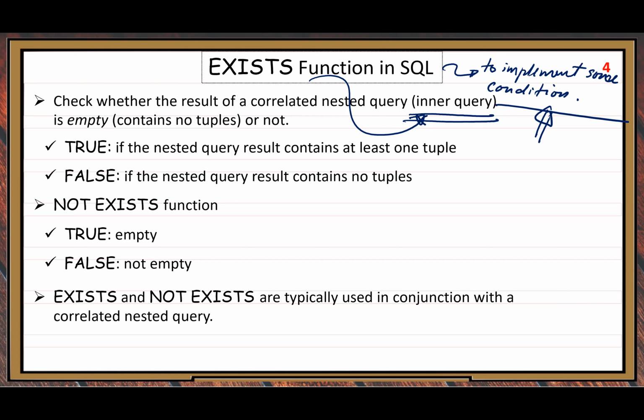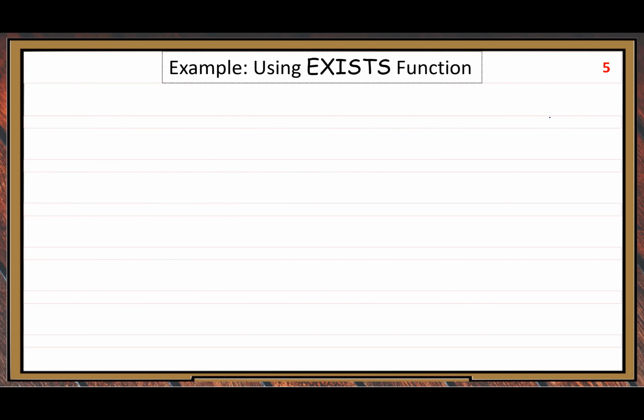All right, let's look at some examples using the exists function. Let's compare two different ways: our old way, without using this function, and a new way using this function. Here, you may not see a simplified version.